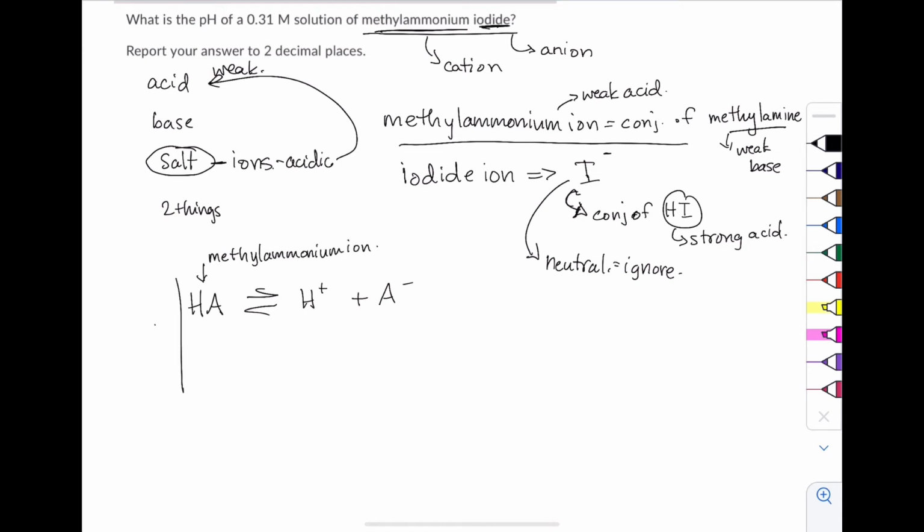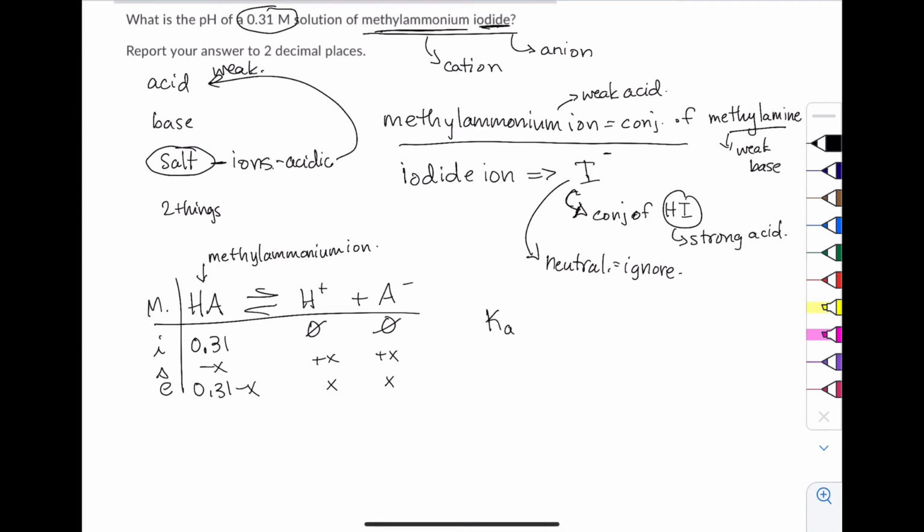All right. And what is my concentration? If you're following along on your problem set, you're probably going to have a different concentration. It is 0.31 molarity for that methyl ammonium ion. Then 0 and 0, minus x, plus x, plus x.